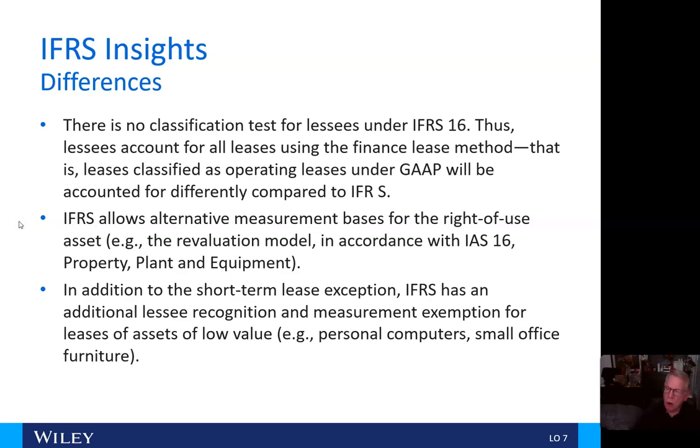Number two, IFRS allows alternative measurement bases for the right-of-use asset, for example, the revaluation model in accordance with IAS 16, property, plant, and equipment. And number three, in addition to the short-term lease exception, IFRS has an additional lessee recognition and measurement exemption for leases of assets of low value, e.g., personal computers, small office furniture.